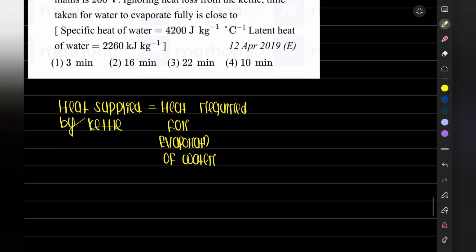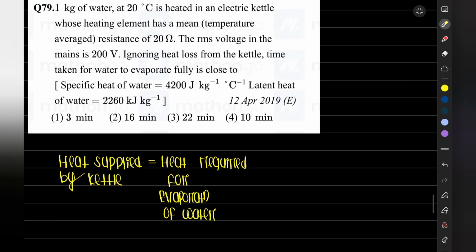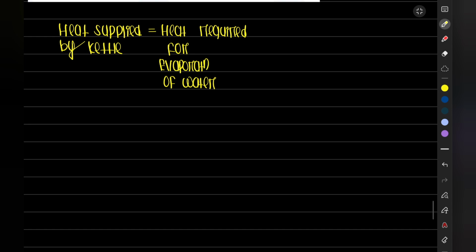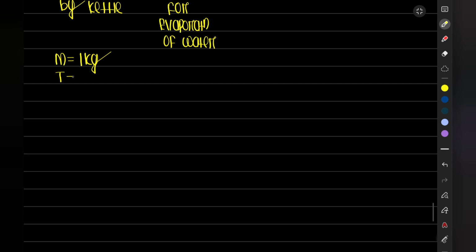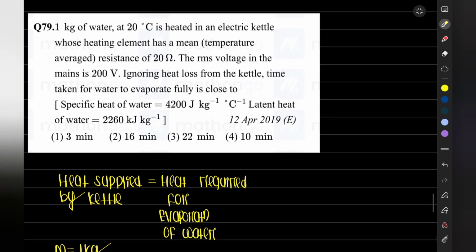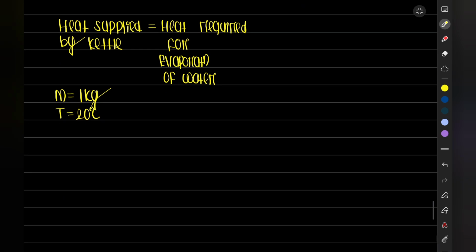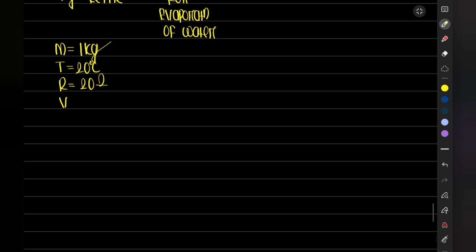Now let's write the given data. Mass of water they have given 1 kilogram, initial temperature of water 20 degrees Celsius. After that, resistance of the coil of the kettle is 20 ohm, voltage is 200 volt.